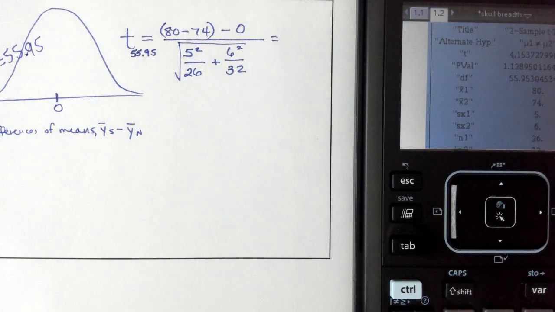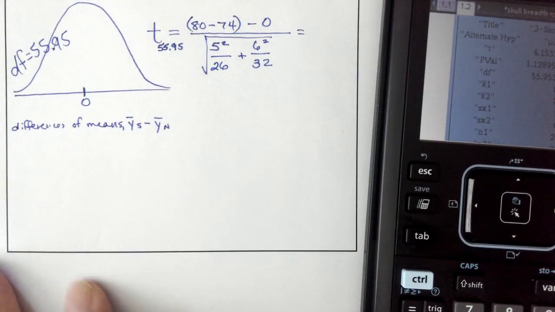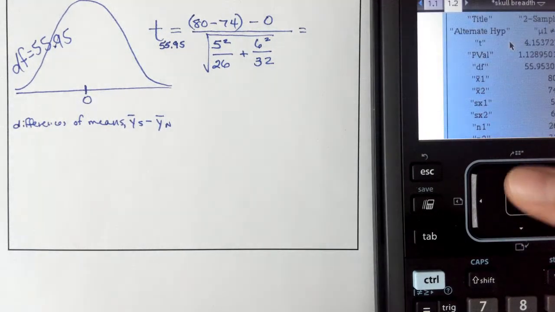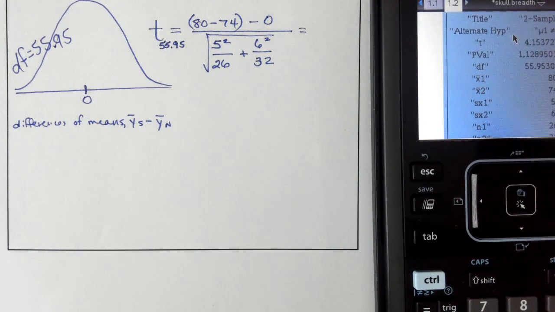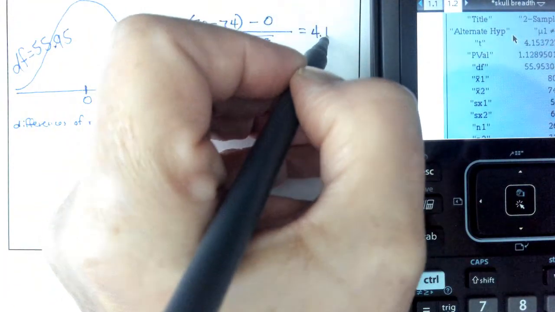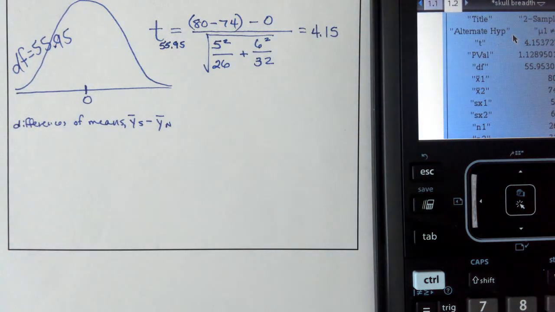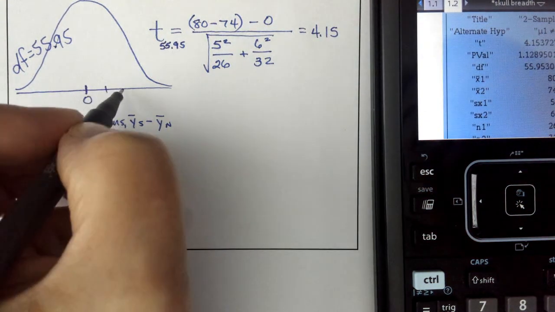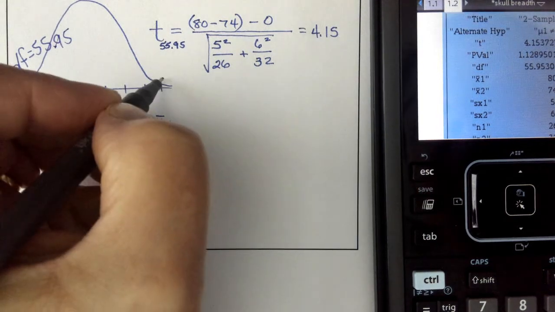It will not happen. Okay, and then we need the actual t-score. So that's been crunched for us. It's 4.15-ish. So we are 4.15-ish standard deviations above the mean. That's really extreme. 1, 2, 3, 4, we're about there.